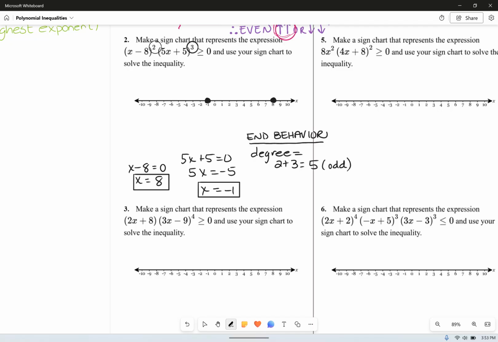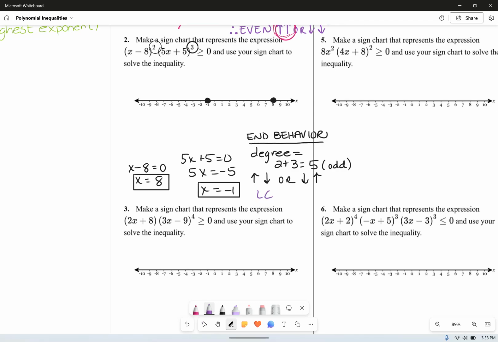And when it's an odd function, we're either going to have one facing up, one facing down, or one facing down, one facing up. So I have to decide which one of those two is the one I'm going to select. Well, because my degree is 5, it eliminated 2 of the 4 options for end behavior. But now I need to use the leading coefficient, and I'm going to change color here on purpose. The leading coefficient, what is it?